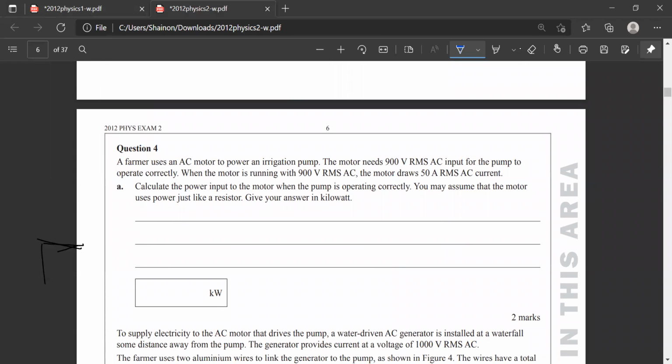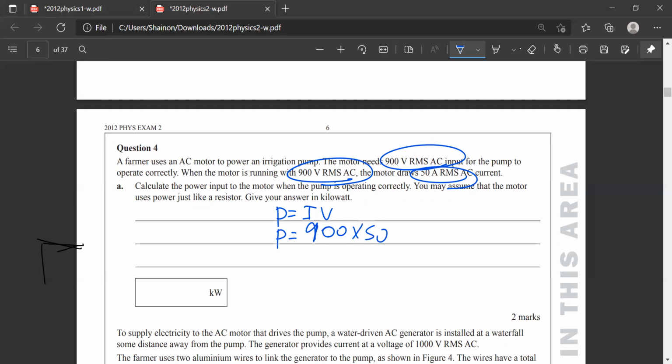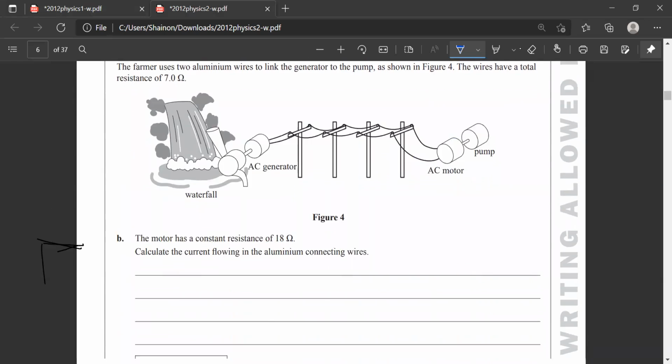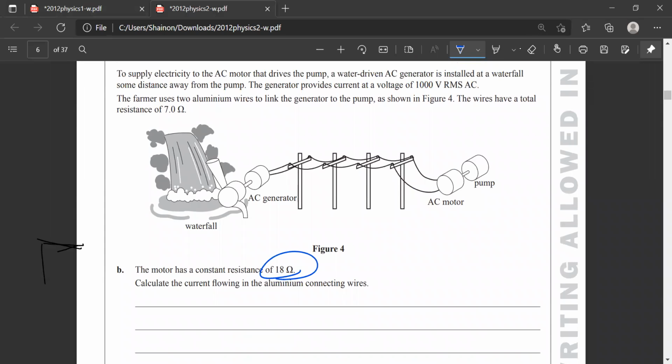A farmer uses an AC motor, needs 400 VRMS, so we can just use the normal P equals IV. And that's going to be 950, which is 4.10 to the power 4 watts. That's the motor resistance.